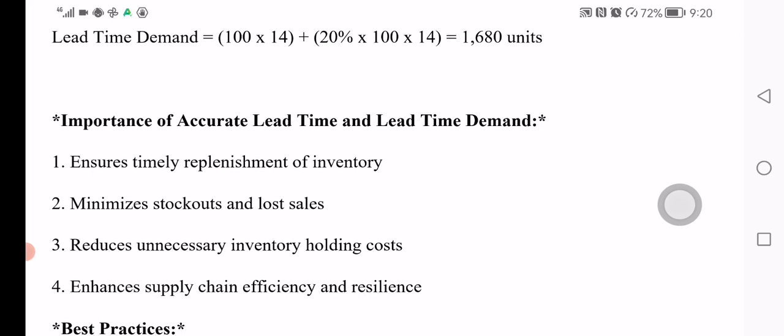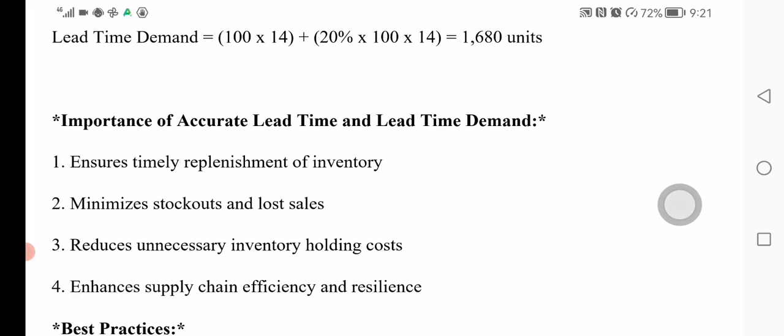Second, it minimizes stock outs. When you have enough stock, safety stock and buffer stock, you know that during the lead time, when demand is raised, you have that stock in your warehouse, then you can prevent stock outs and lost sales.